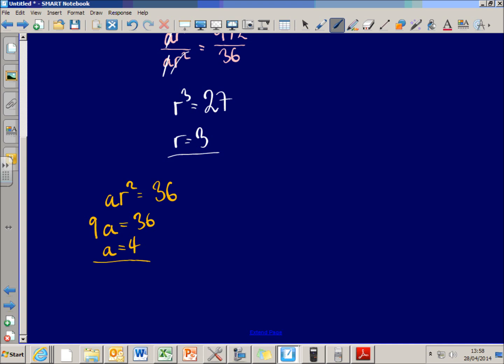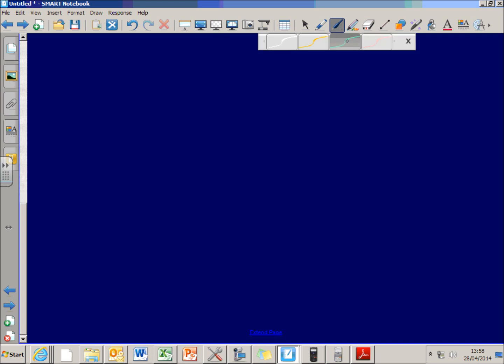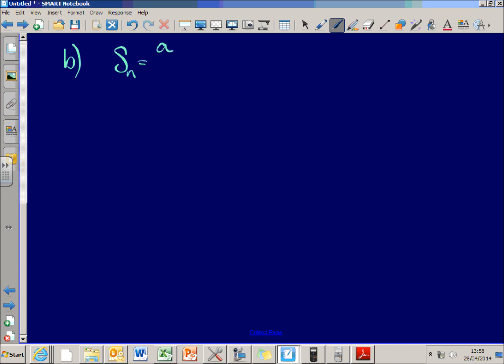Okay, the next part is we've got to prove or show that this summation is true. Now to do that, we need to use this formula, which is in the formula book. For a geometric sequence, I can sum up the terms to the nth term. The sum of the first n terms is going to be a, the first term, times 1 minus the ratio to the power of n, all divided by 1 minus r.